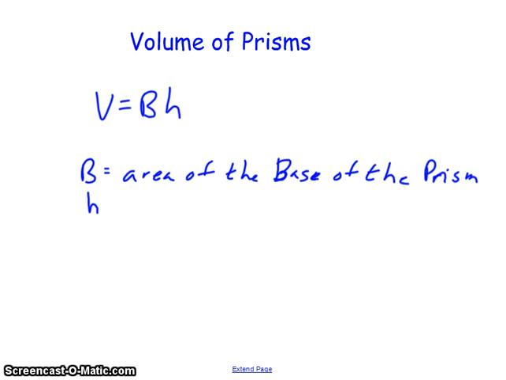The H stands for the height of the prism.